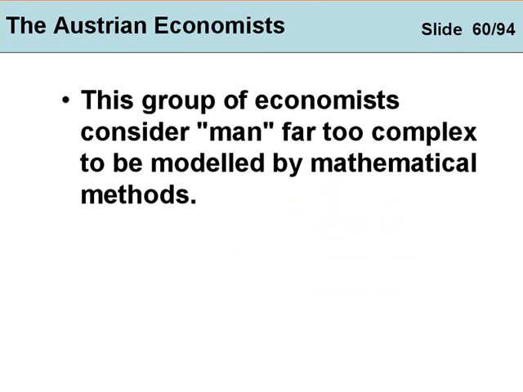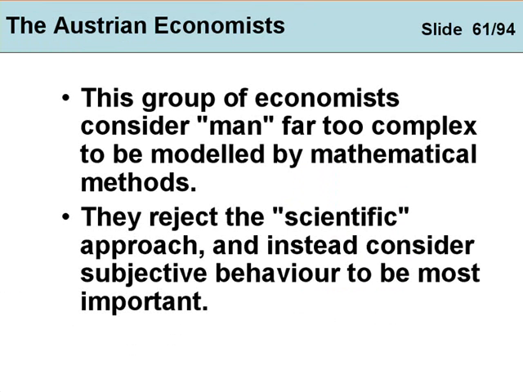They adamantly object to this. They see man as far too complicated and too complex, so you can't apply mathematical approaches. And instead they prefer to look at subjective approaches to the subject and look at what's known as subjectivism and its place in economics, not objectivism, not testing and not science.